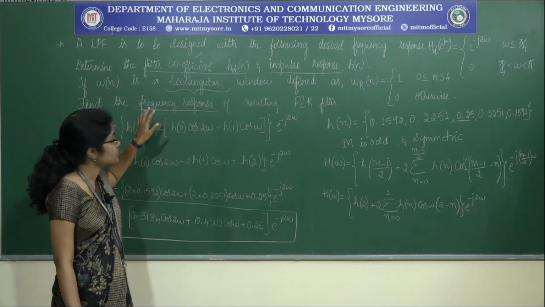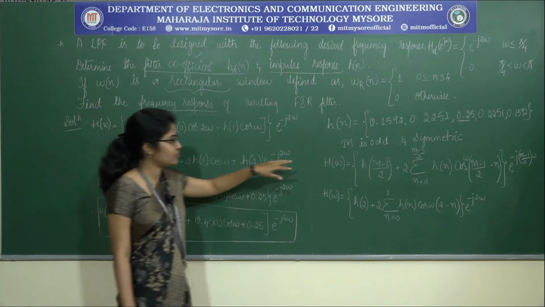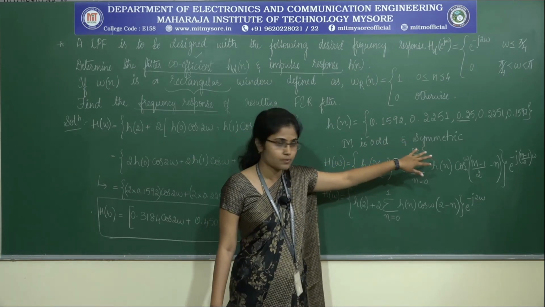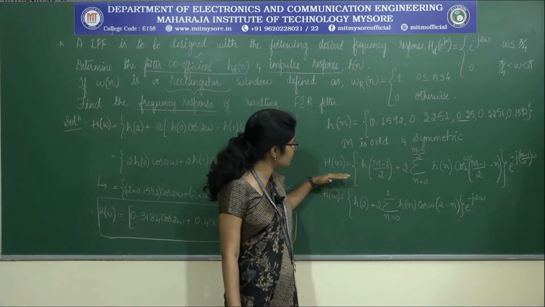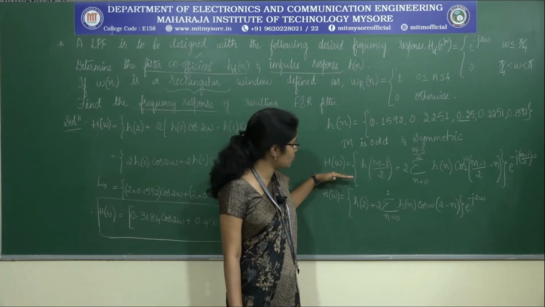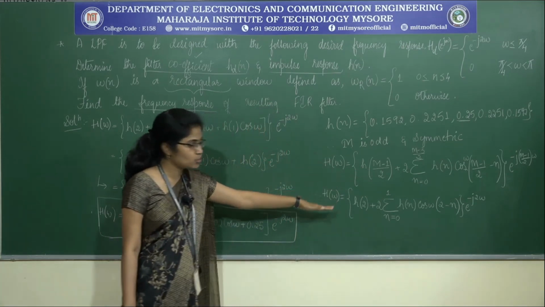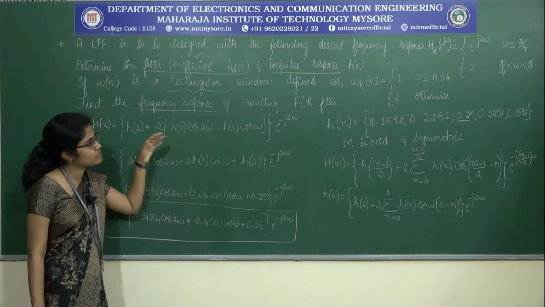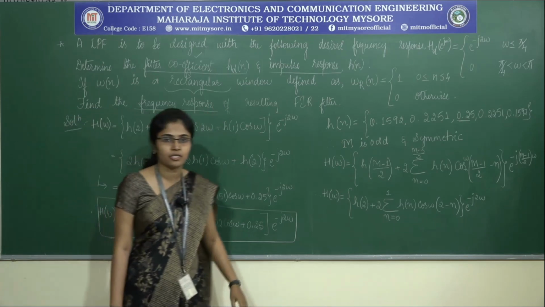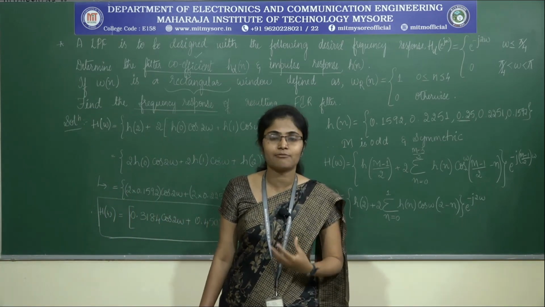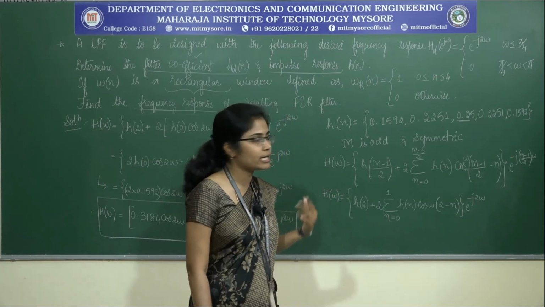Later we need to check whether the condition of m is even or odd and whether it is symmetric or antisymmetric. Based on those conditions, write down the standard equation of h of omega, then substitute the values which we have calculated, which finally gives the frequency response for this desired frequency response of an FIR filter. So this is how we can design an FIR filter using rectangular window.